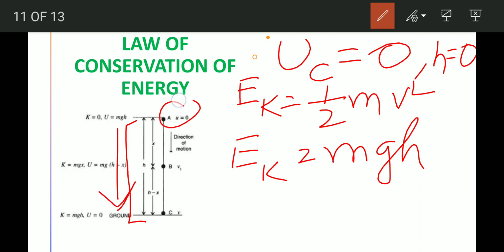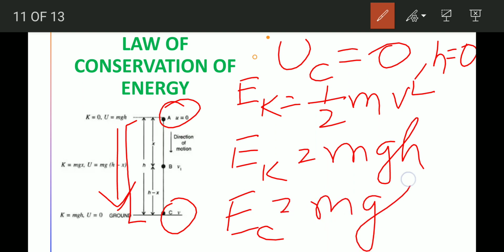The distance from point A to point C is h, so kinetic energy is mgh, and therefore the total energy at point C will again come out to be mgh. And hence we can say that one energy is converted into another energy.